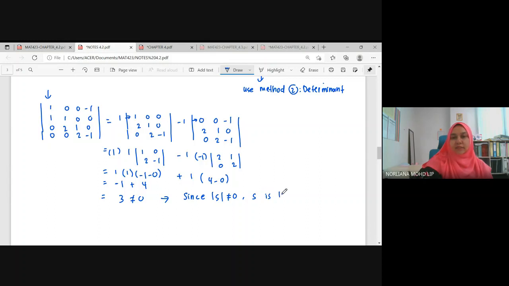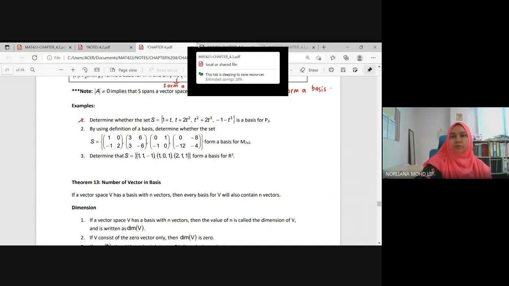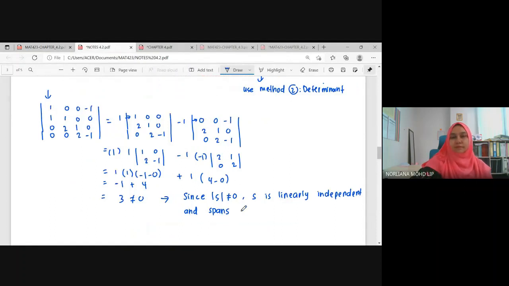S is linearly independent and spans in P3. Therefore, S is a basis for P3.